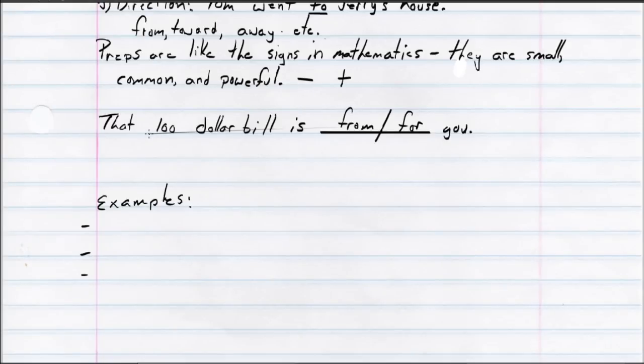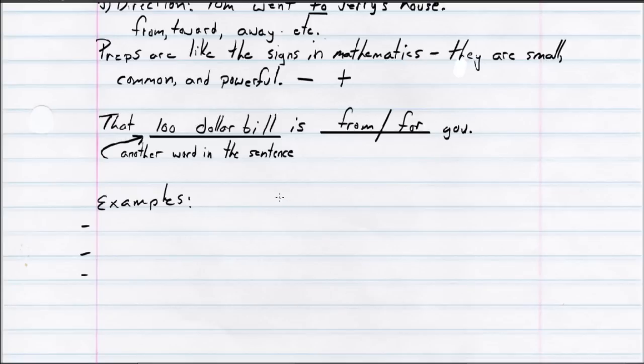Underline $100 bill. And underneath that, I want you to write another word in the sentence. And let's go ahead and draw an arrow up here so we know what we're referring to.